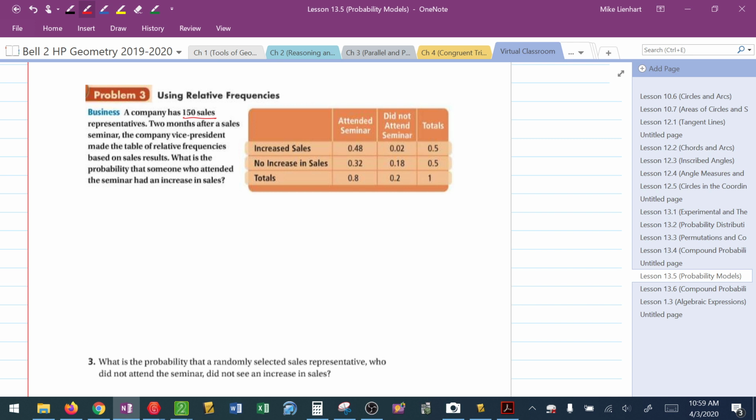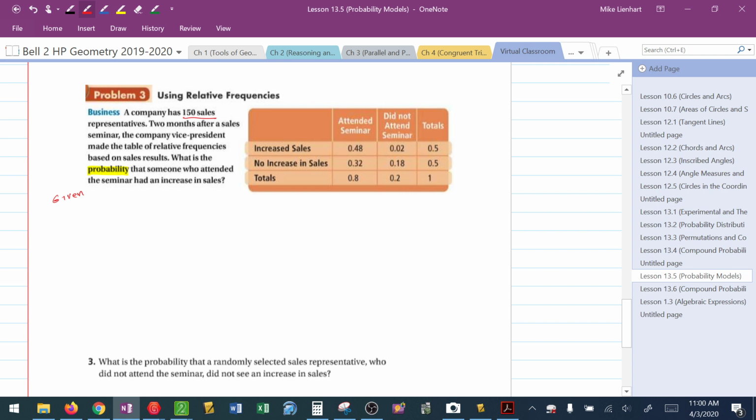I have to read the problem, though, carefully. It says, 2 months after a sales seminar, the company vice president made a table of relative frequencies based on the sales result. What is the probability that someone who had attended the seminar had an increase in sales? Now, this is really hard to see, but there is a given statement in there.